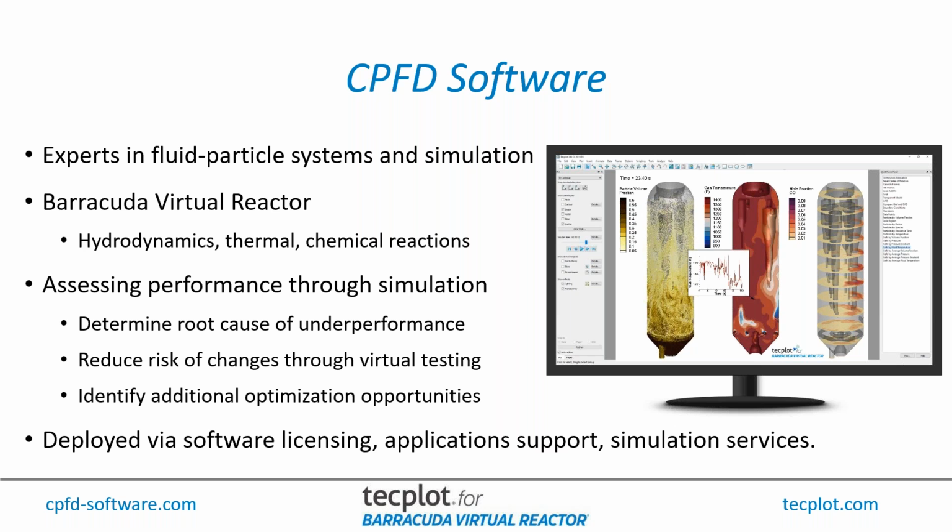So if they are considering new hardware or some other configuration change, they can explore that on the computer before implementing it. And finally, people use Barracuda to identify optimization opportunities within their reactors. We deploy Barracuda through software licensing, application support, and simulation services.